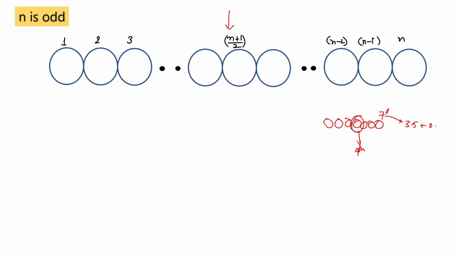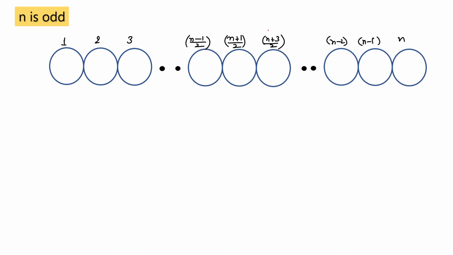You will have to add 0.5 more to get this index, right? Because n is odd, it can't be n by 2. It could be either n minus 1 by 2 or n plus 1 by 2. If you think properly about it, you will understand that this should be n plus 1 by 2. So this index is n minus 1 by 2, 1 less than n plus 1 by 2, and this is 1 more than n plus 1 by 2.